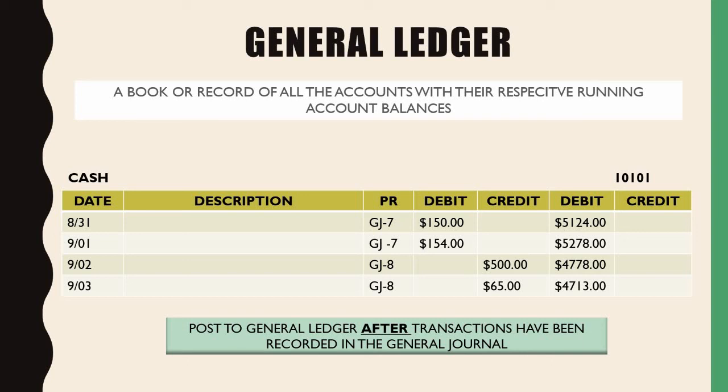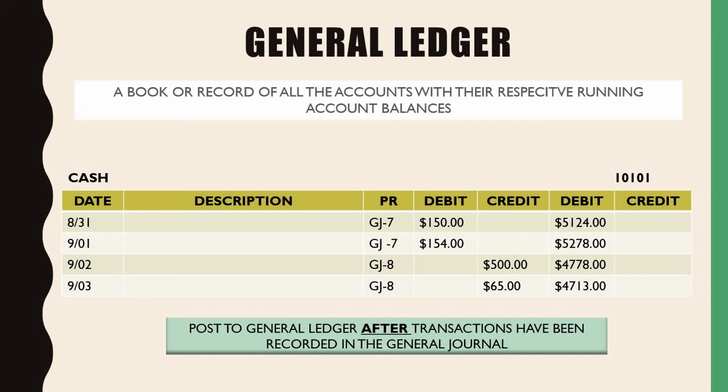It's saying that I have enough money, and for every transaction that I do, so for example, I started out with some money, and I've debited my account for $150. So therefore, I have $5,124.